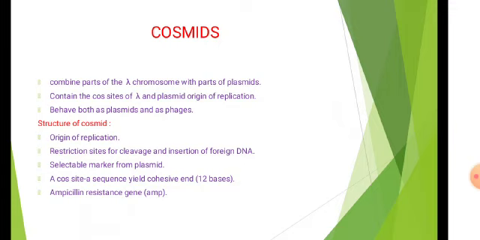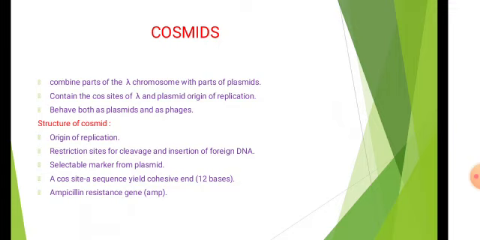Cosmids are phage chromosomes with parts of plasmids. Cosmids contain cos sites, the single-stranded cohesive sites of lambda, and plasmid sequences.